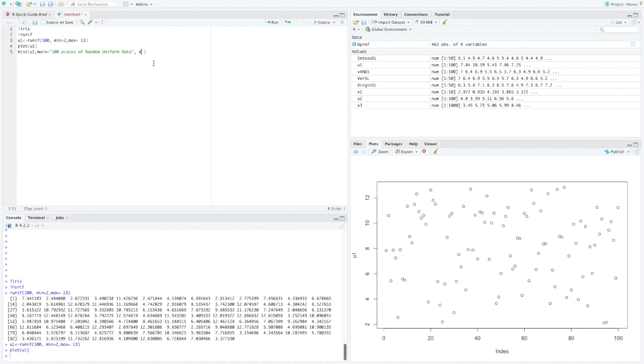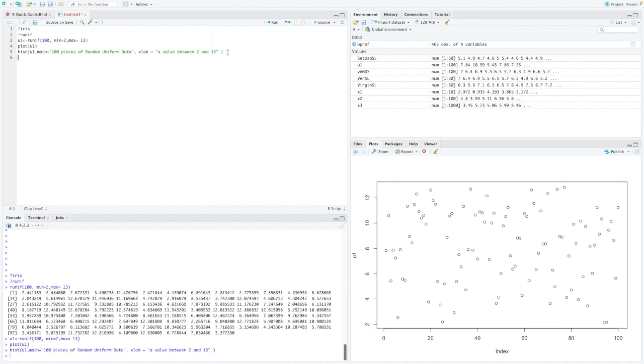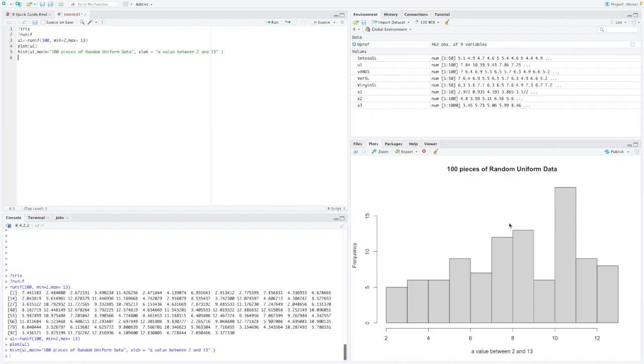So let's label our X value. A value between 2 and 13. Note I made a mistake. I did not put this in parentheses. I also didn't spell value right. If you've been here a while, you know I'm not a good speller. Oh, look at this, 100 pieces of uniform data. This doesn't look really uniform.